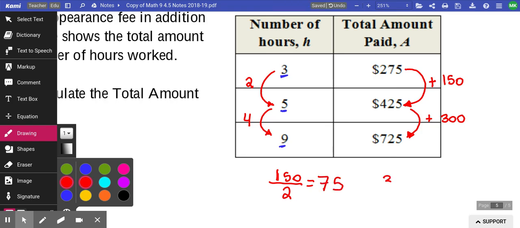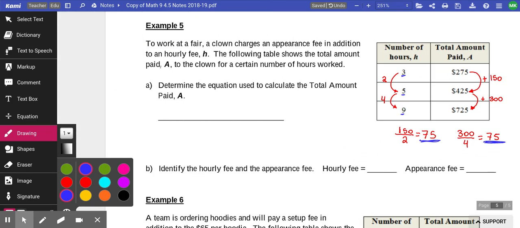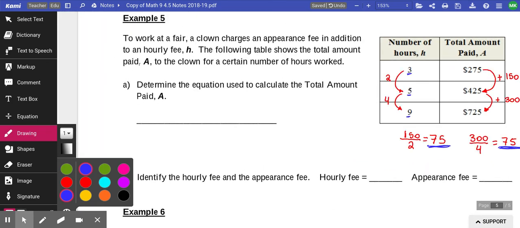If you took your 300 and divided it by 4, because the independent actually grew by 4, it would also give you 75. So the actual rate of change is 75. This means my equation starts off with A equals 75 times H.